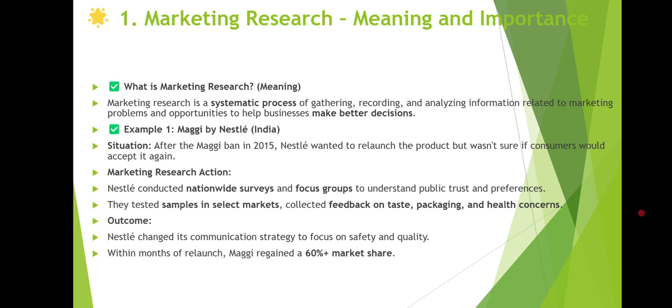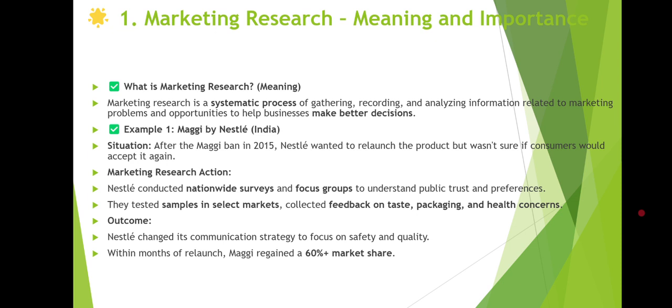But what happened? They did a very good job and they did marketing research. Nestle conducted a nationwide survey and focus group to understand the public trust and preferences. So basically they focused on understanding the public interest, their wants and needs, their trust and their preferences, what exactly the customer wants.